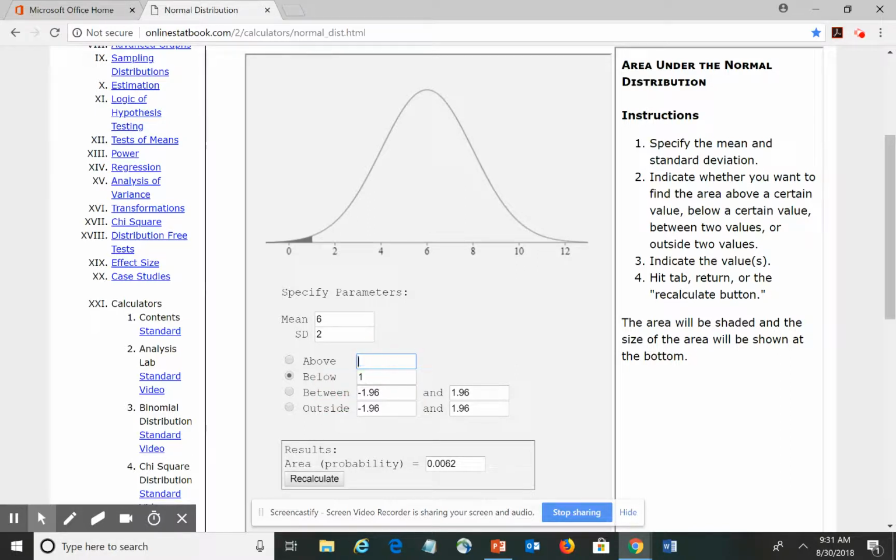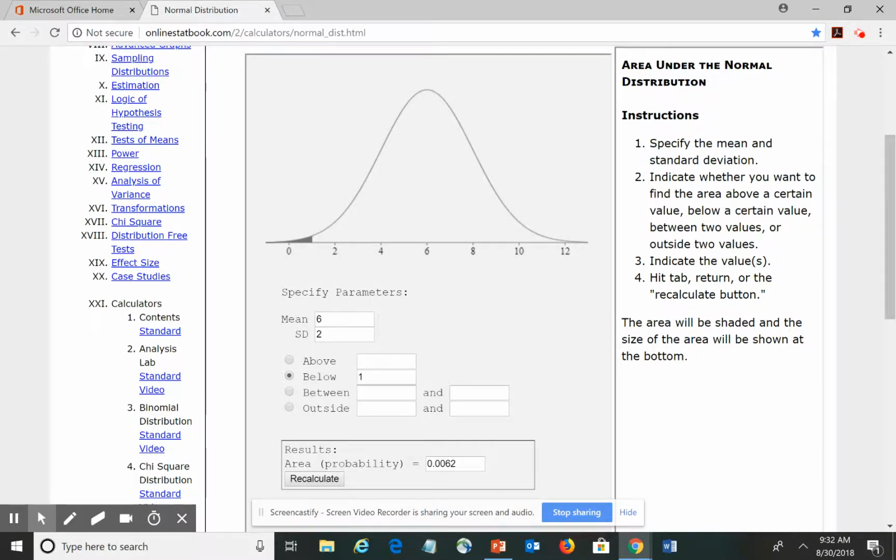You can clear out all of the other boxes just so it doesn't confuse itself. Just get rid of all the other information that's there. Okay, and I'm going to press recalculate.